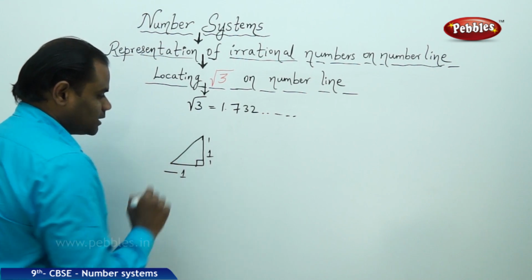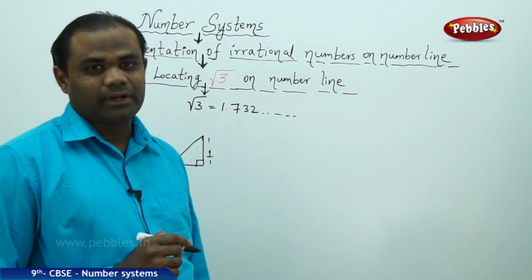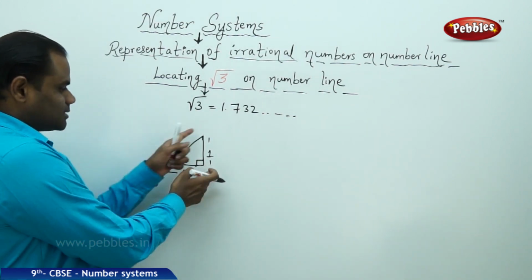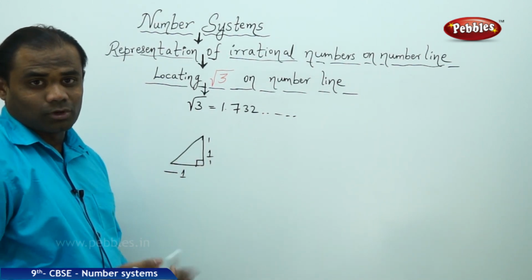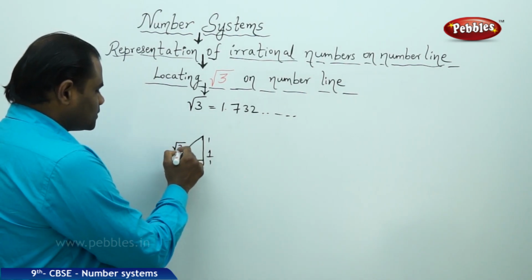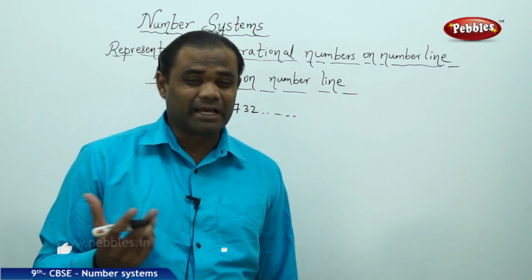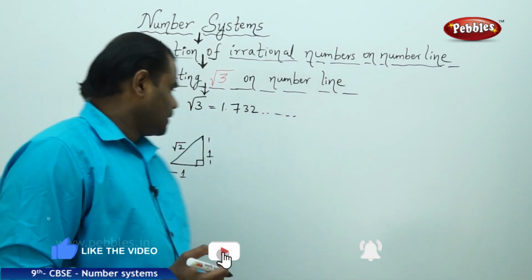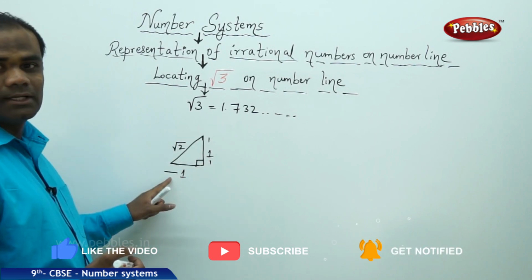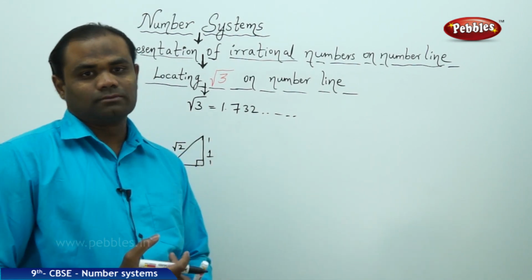These two sides being equal, it is an isosceles right angled triangle such that the two sides are 1 unit each. Then obviously by using Pythagoras theorem we know that the hypotenuse is root 2 units, as we have seen in the previous session of the diagonal of a square. So this being root 2 units, let's see how we can develop root 3 using this root 2.